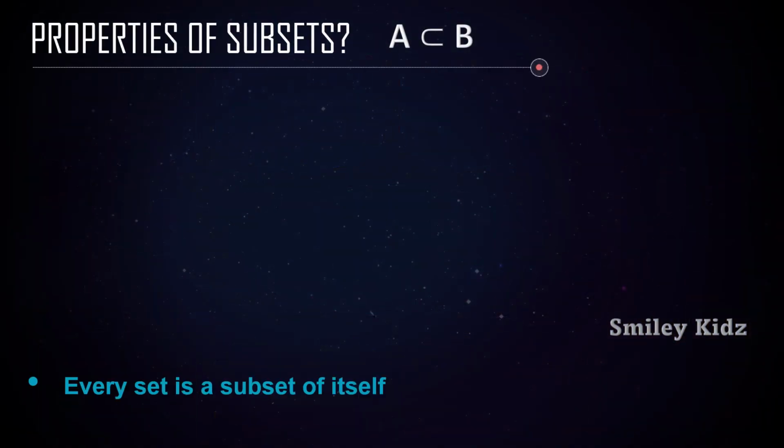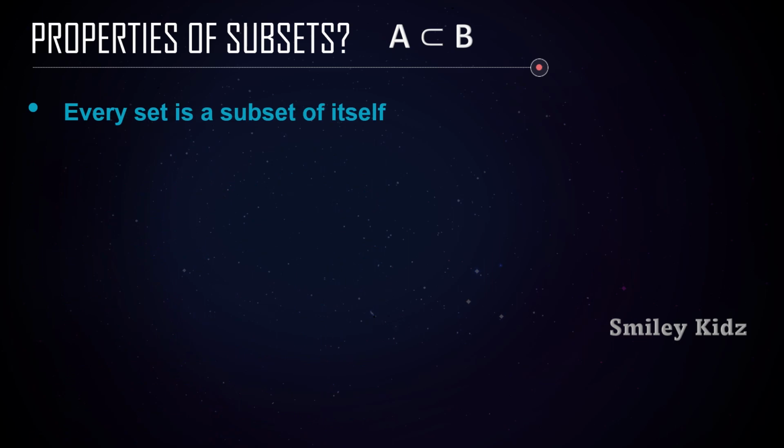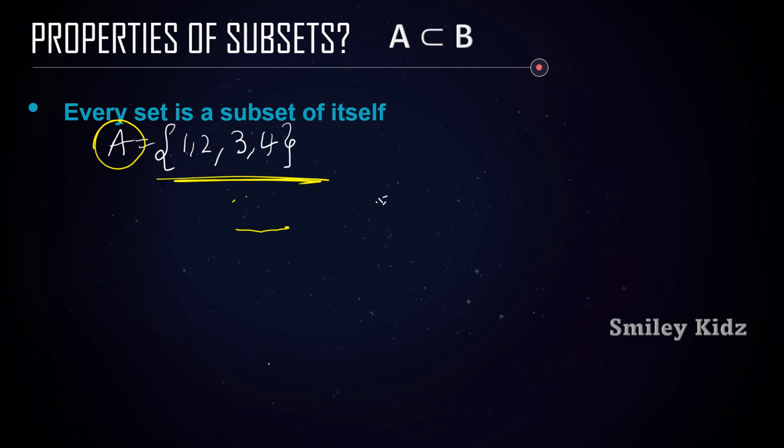Properties of subsets. The first one is every set is a subset of itself. Now if I say A is equal to {1, 2, 3, 4}, what would be a possible subset of A? I can write a subset of A as {1, 2, 3}.